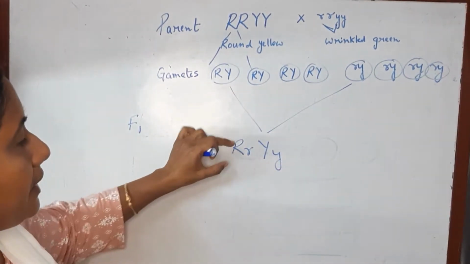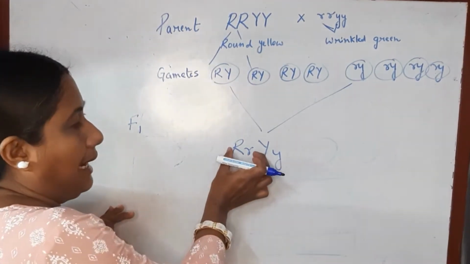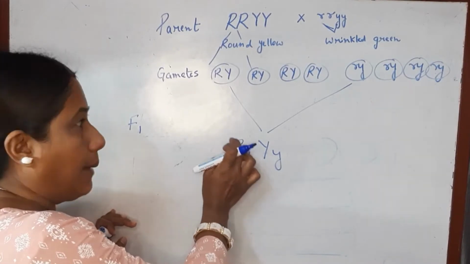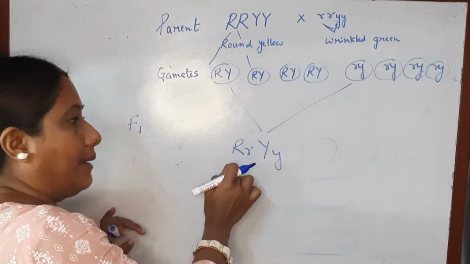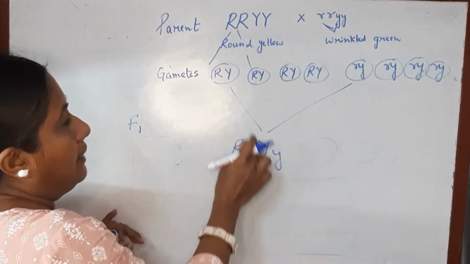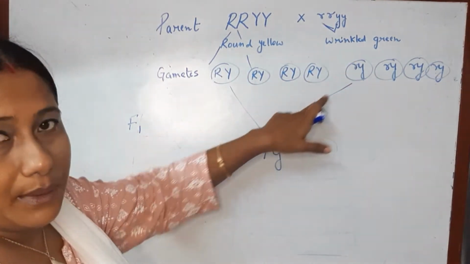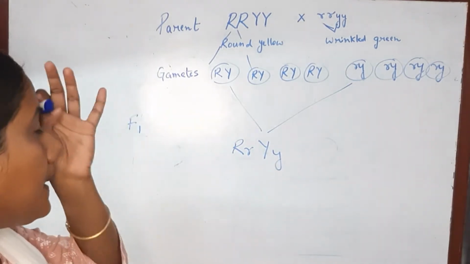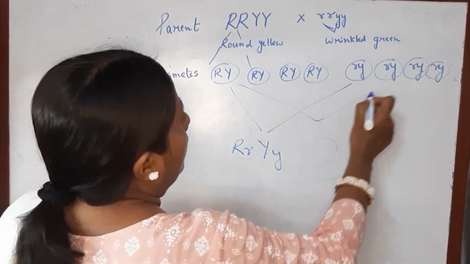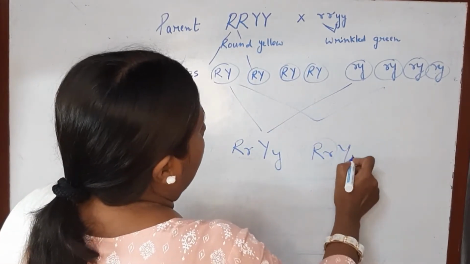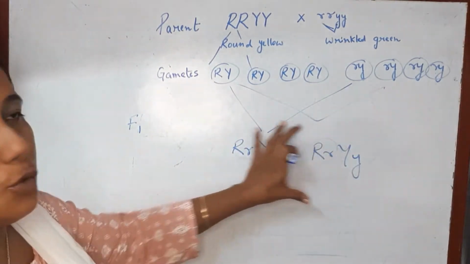A particular trait's alleles will be together: capital R for round and small r for wrinkled, and the Y from the yellow and the y from the green. So these are the genes. You write RrYy. So what will be all the combinations? All will be RrYy. There will be so many, but we will just consider 2.